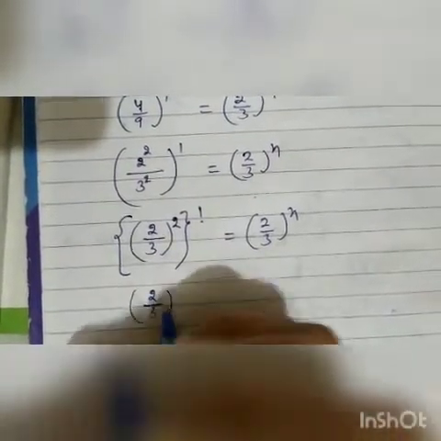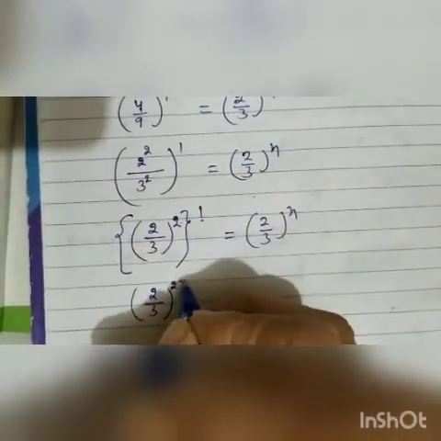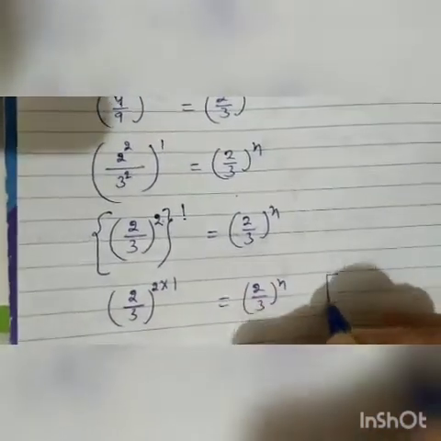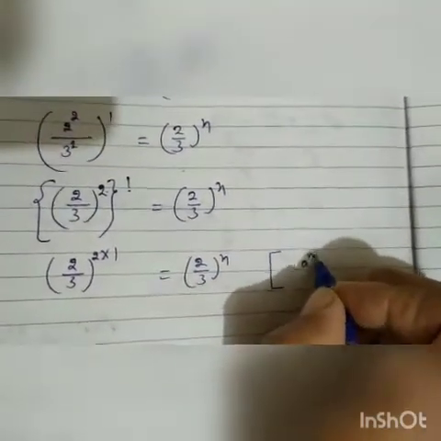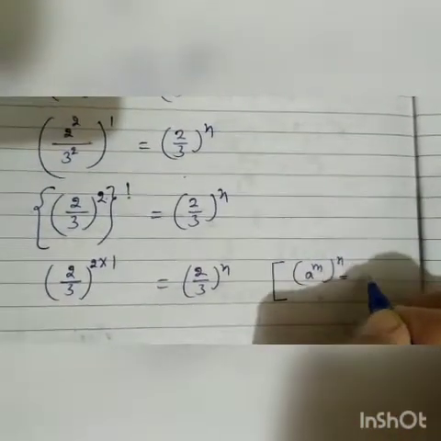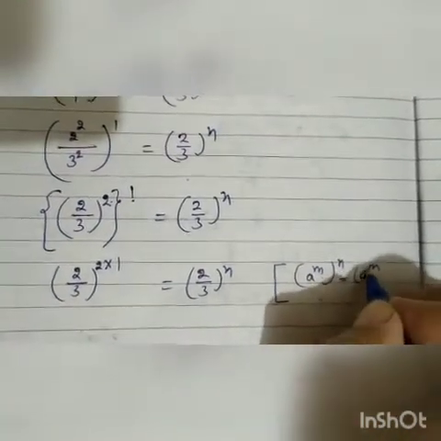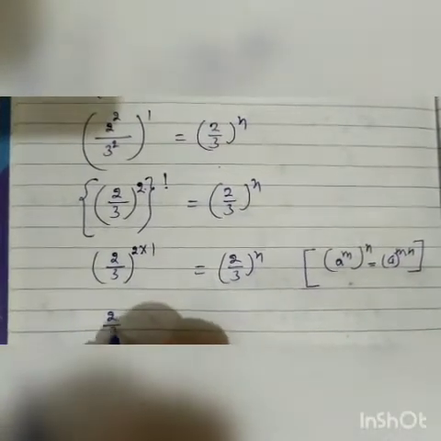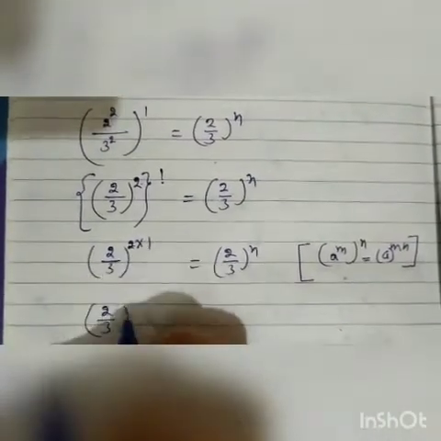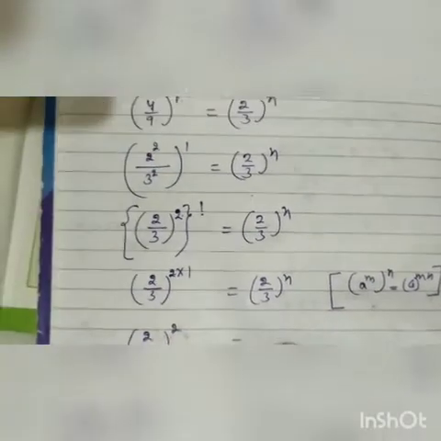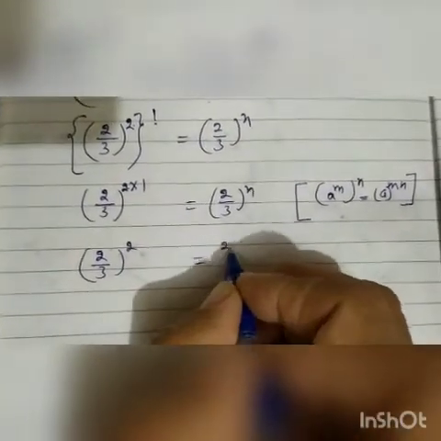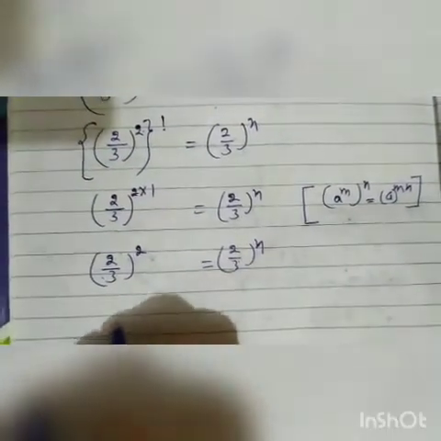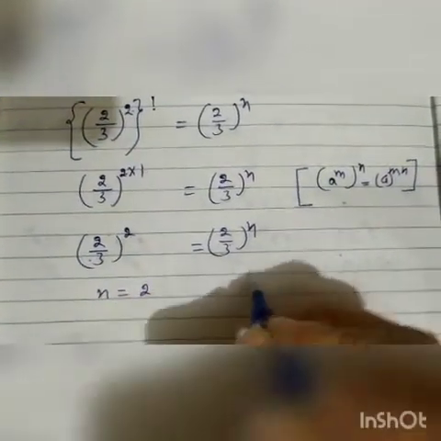Both the powers will be multiplied, 2 into 1. We will write here a power m whole power n is equal to a power mn. Now 2 upon 3 power 2 is equal to 2 upon 3 power n. Both the bases are the same, so n is equal to 2.